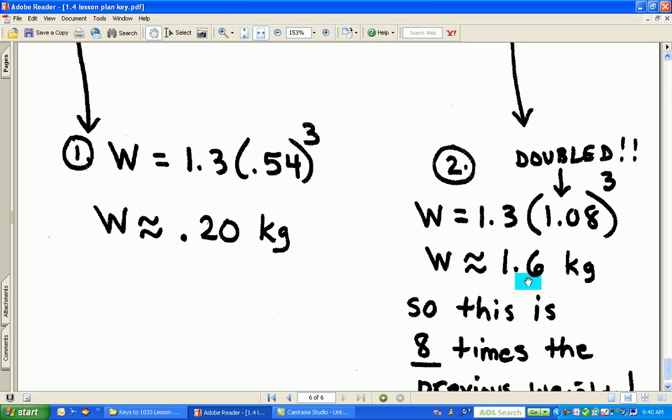If in your calculator I took the new weight, which is 1.6, and I divided it by 0.2, notice that you would get the answer 8. So that's a good way to do it. If you want to know by how much something has gone up, take the new weight, divide it by the old weight, and we see in this case it's gone up by a factor of 8 times. Okay.